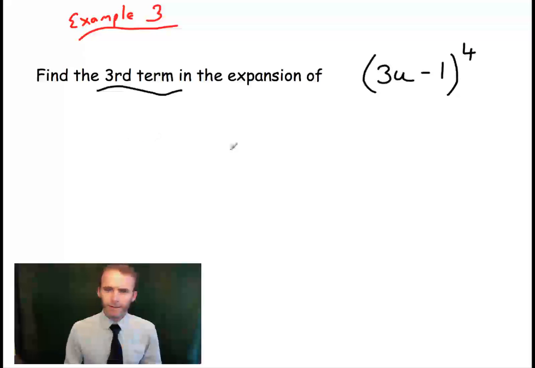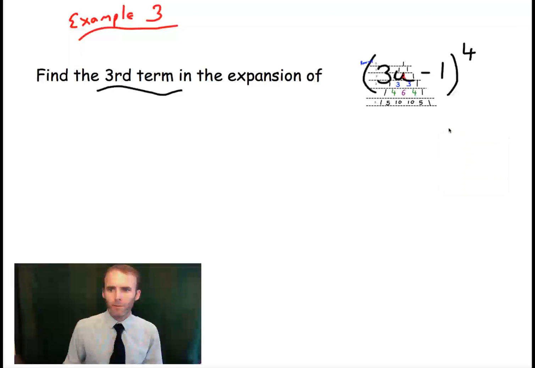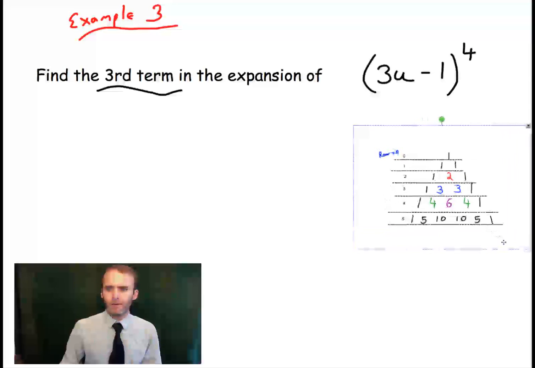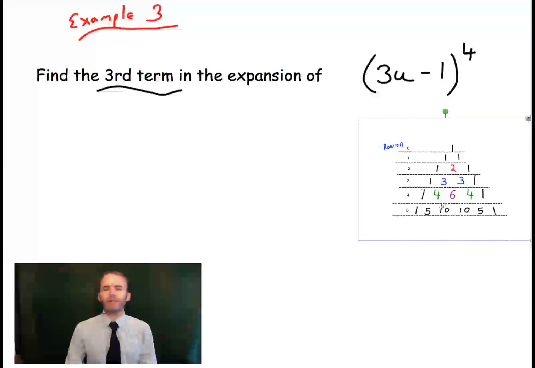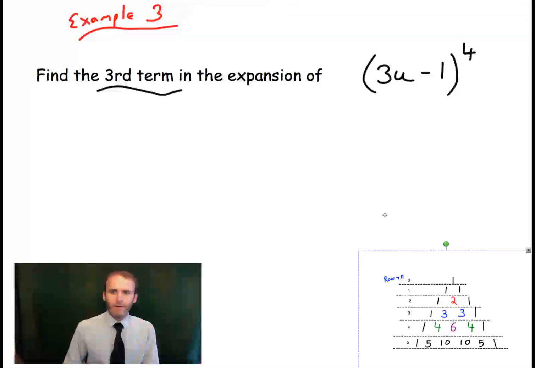So let's start expanding this out. Again, let's paste my Pascal's triangle. And you guys will have this in your notes, so you don't have to constantly keep writing Pascal's triangle. You have it. However, it's fairly easy to reconstruct. So let's put Pascal's triangle down here for right now, and let's start expanding this.